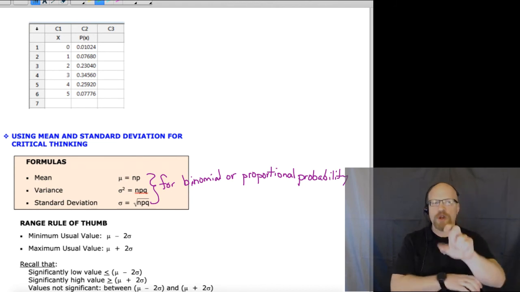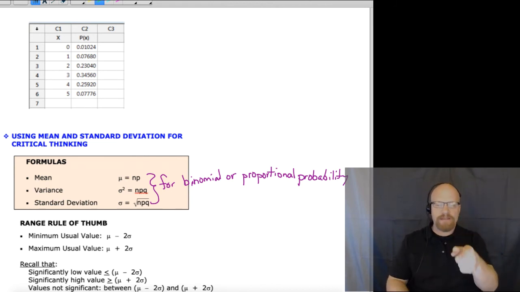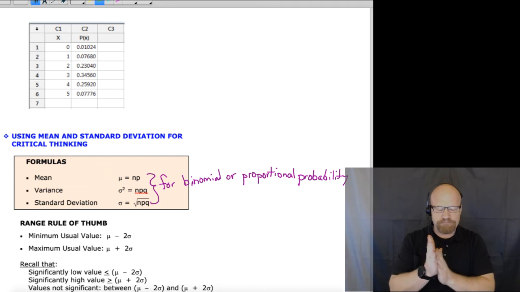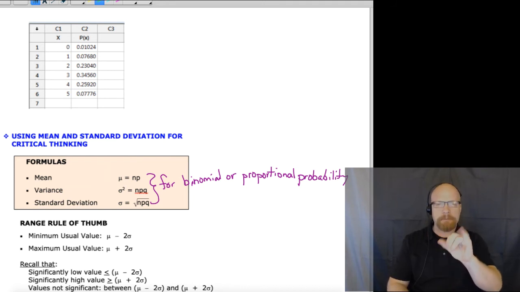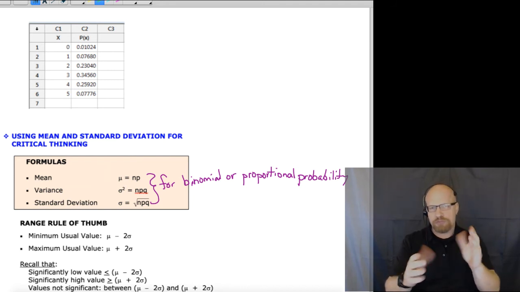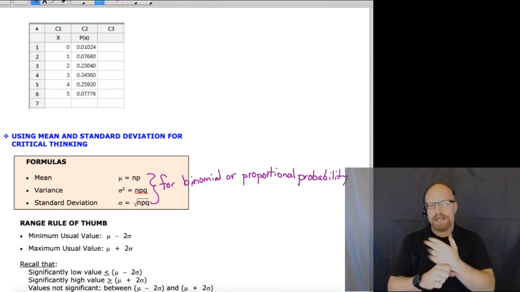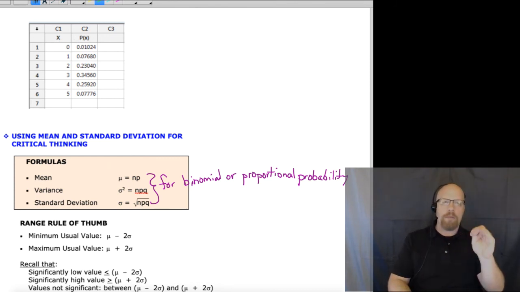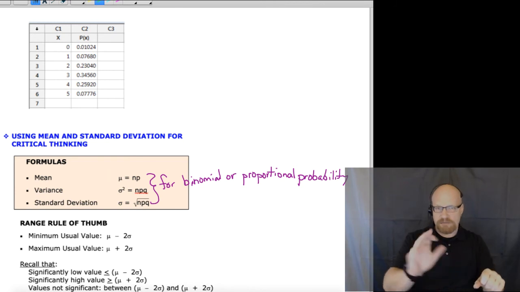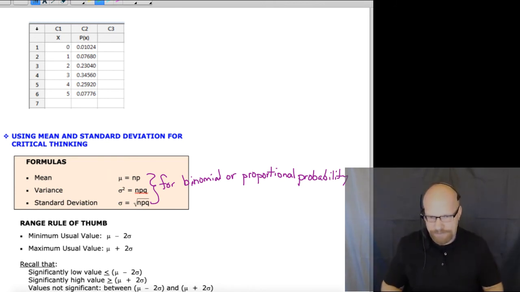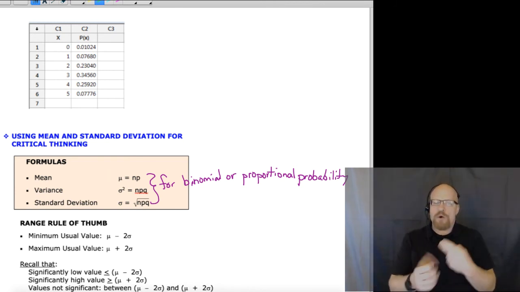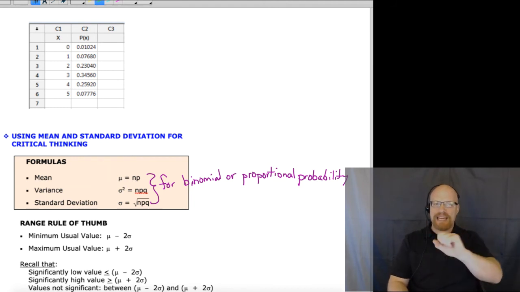Now we're jumping over the Minitab. You can explore that on your own using MyStatLab or Minitab or other probabilities. Okay, possibilities. Now we'll talk about using the mean and standard deviation for this.